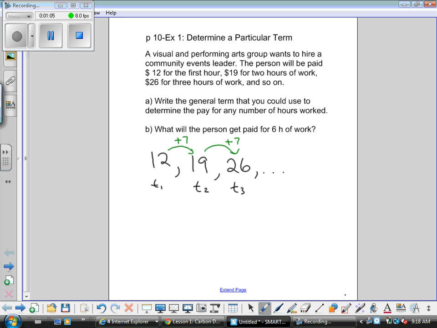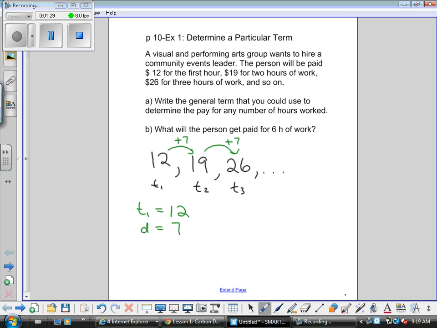So we can see that our first term, T1, is equal to 12. That's one of the things that we're going to use in our formula. We have d, which is the common difference, and that's 7 because we're always going up by 7 to get from one term to the next term.